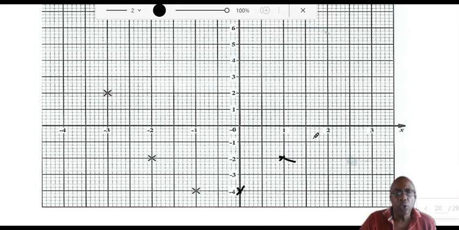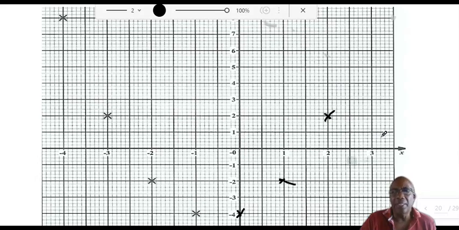When x is 2, y is 2. And when x is 3, y is 8. So we have plotted our points.